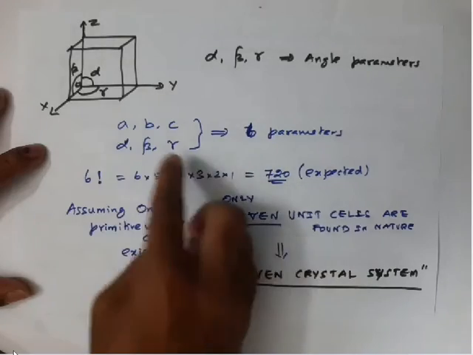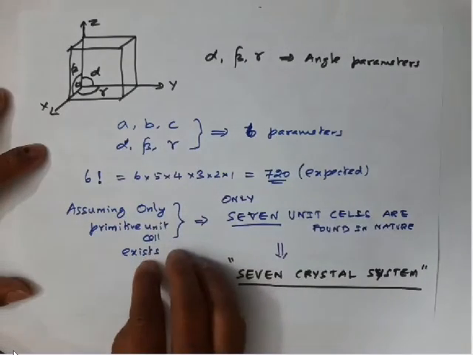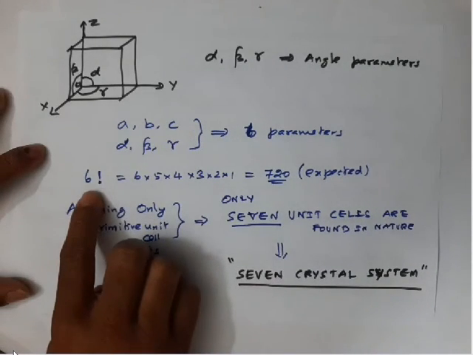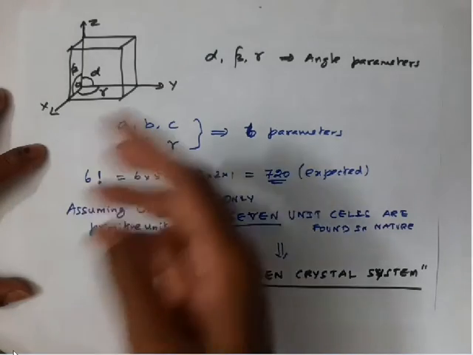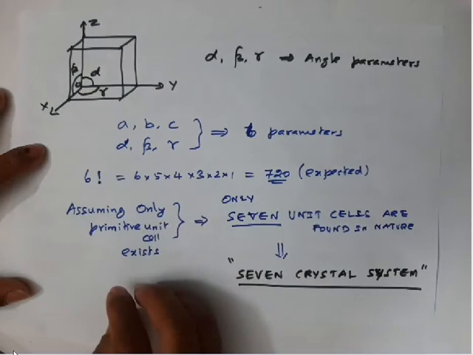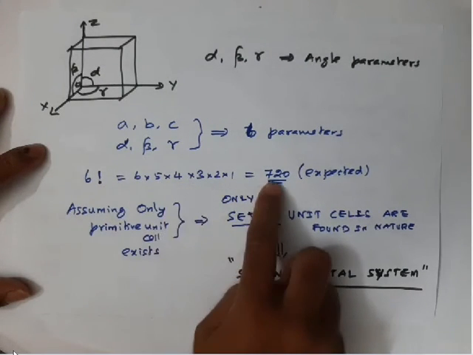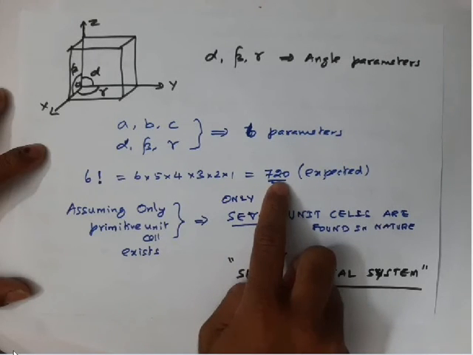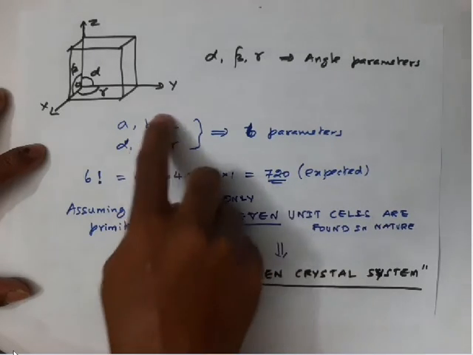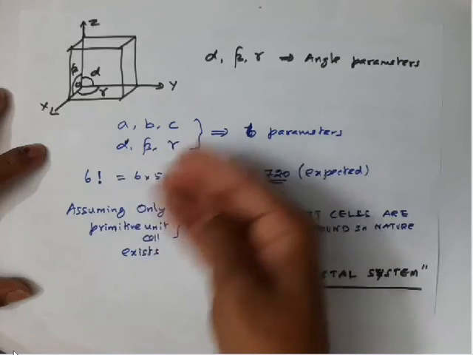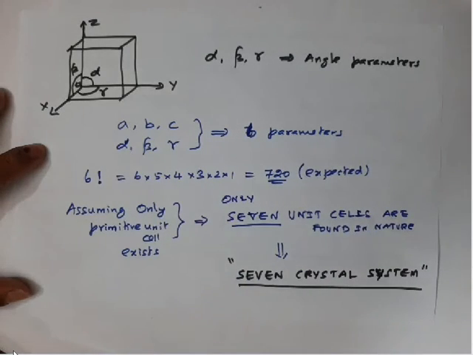Suppose these parameters can vary independently, then we expect 6 factorial different types of unit cells. 6 factorial means 720 unit cells we expect if these parameters vary independently.